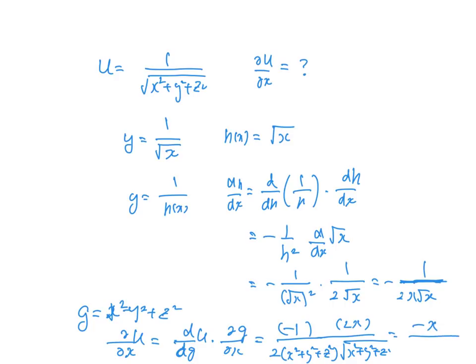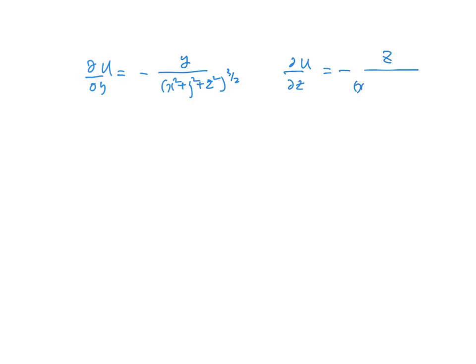So that is minus x over (x squared plus y squared plus z squared) to the 3 over 2. So this actually arises from the potential. Likewise, partial u over partial y is minus y over (x squared plus y squared plus z squared) to the 3 over 2, and partial u over partial z is minus z over the same.